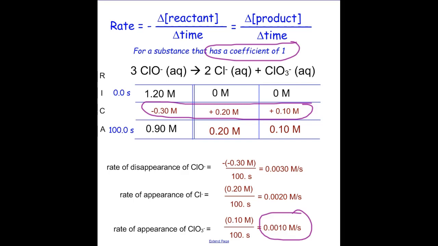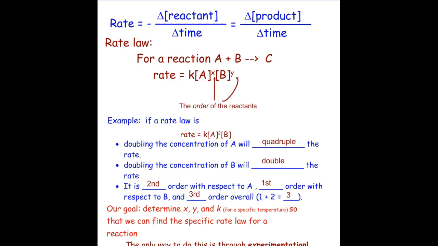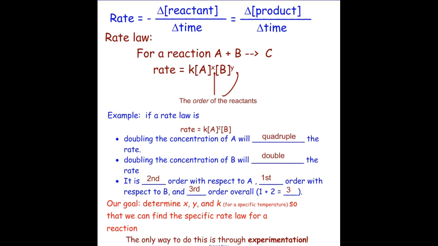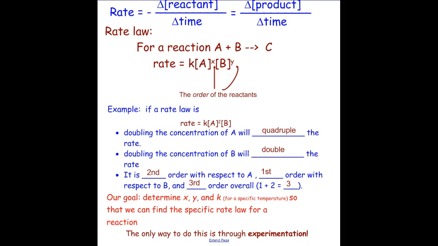Now, how do we figure out what the rate law looks like? We're going to use something called the method of initial rates. And so for any reaction, the rate law is the constant times reactant to a power. And that power is called the order.